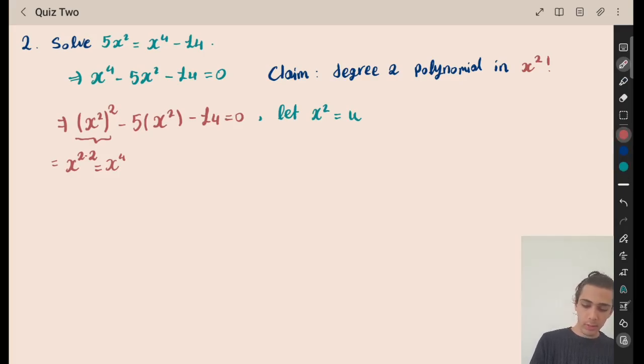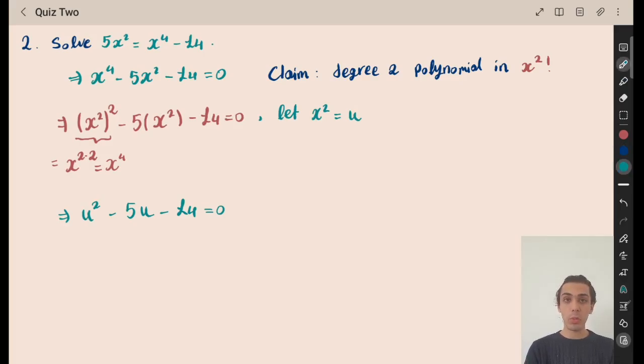And so in this case, you get u squared minus 5u minus 14. And that's a degree 2 polynomial we can work with. That's very good. I'm actually very happy.